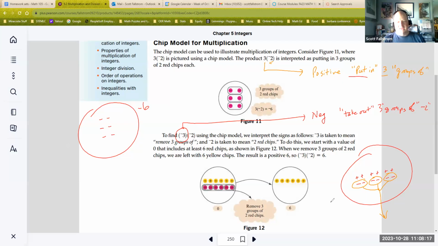And then what remains at the end is just 6 positives. So again, some of you have heard the idea that a negative times a negative gives you a positive. This is illustrating why that is the case. Because in a sense, you're removing groups of negatives. And if you remove negatives, it's going to make something more positive.